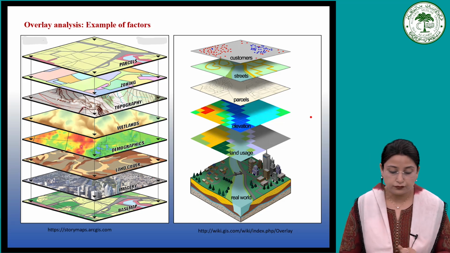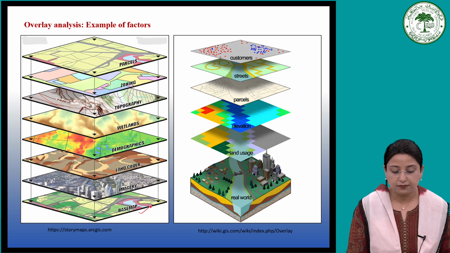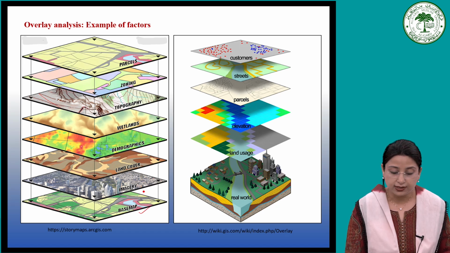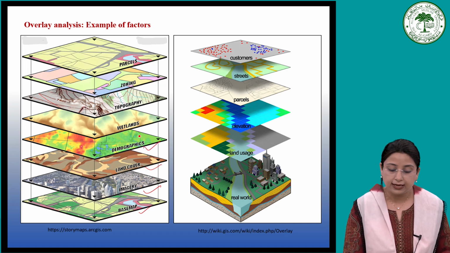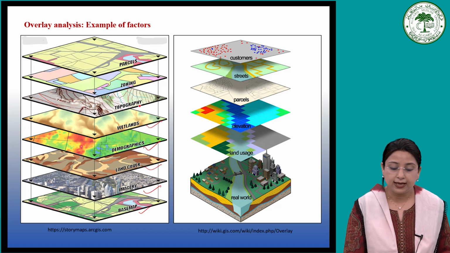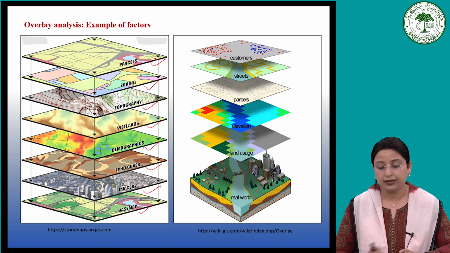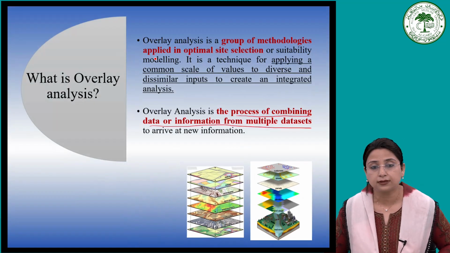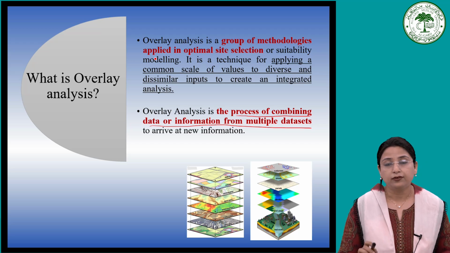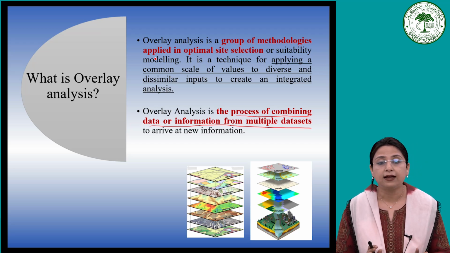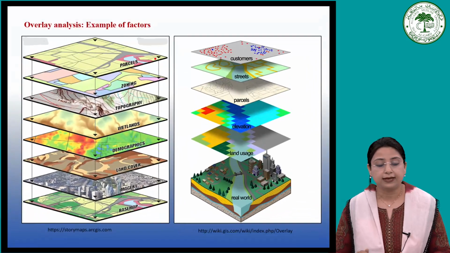We have the base map, the imagery, the land cover, another input layer of demographics, another layer of wetlands, another layer of topography, then another layer of zoning and parcel. We are overlaying these different layers, as we saw in previous slides. Here we have combined data and information from multiple data sets.